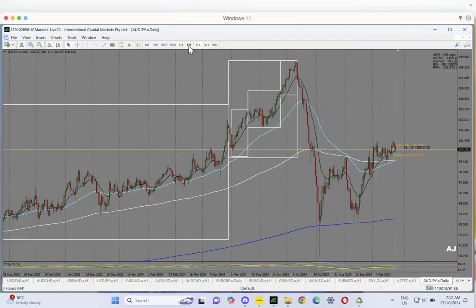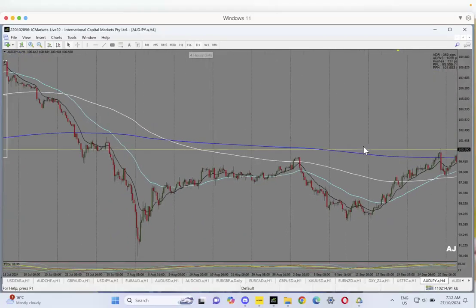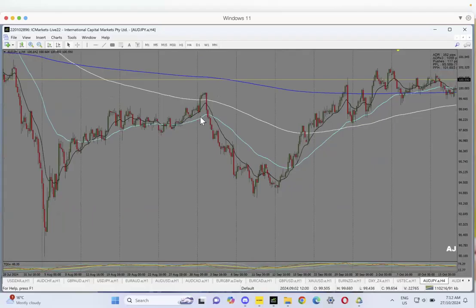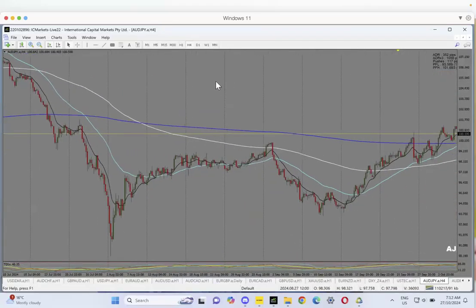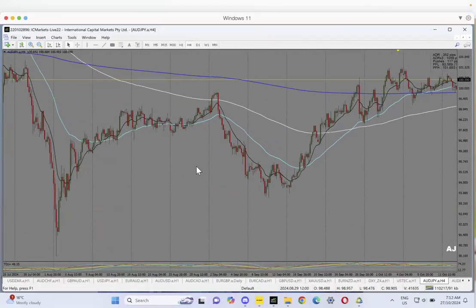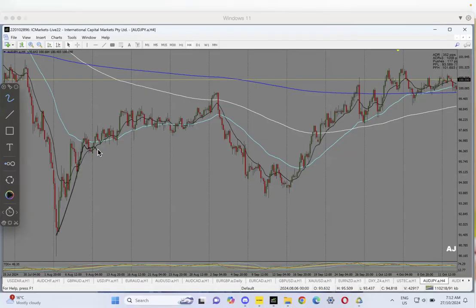If we move to the 4-hour time frame, all right, you can actually see from this point right here that you've got a 1, a 2, and a 3.